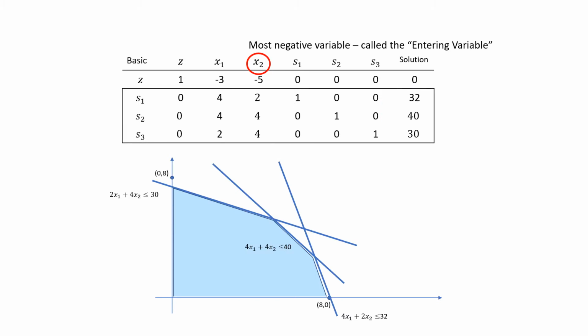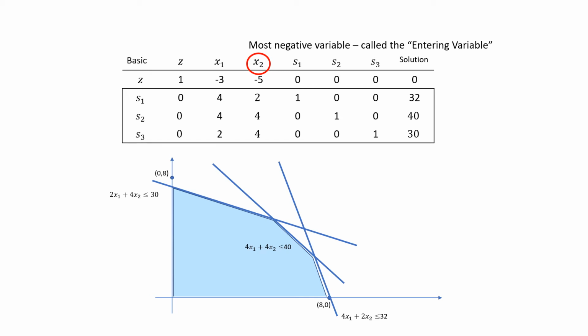So now we have to iterate. What we have to do is essentially jump from corner to corner in our feasible region, where I'm going to use a two-dimensional graph, a two-dimensional area here, so we can kind of see what's happening and get a bit of an understanding of what's going to happen. What we're going to do to jump from one to the other, we're going to exchange a basic and a non-basic variable.